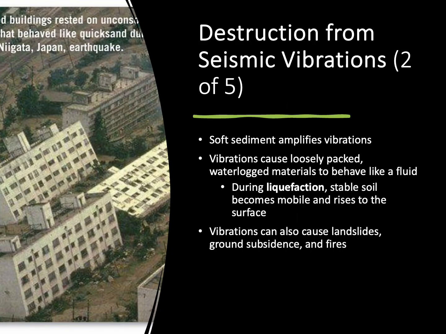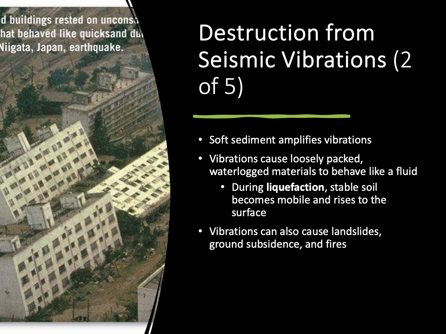What lies underneath the surface is also going to be important as well. We've talked a little bit about differences in rock, how with solid, cold rock, those seismic waves are going to travel a greater distance. But we have some major issues if we have soft sediment. So instead of having solid rock, if we have a loose sediment, when that sediment starts shaking, it causes the sediment around it to shake.